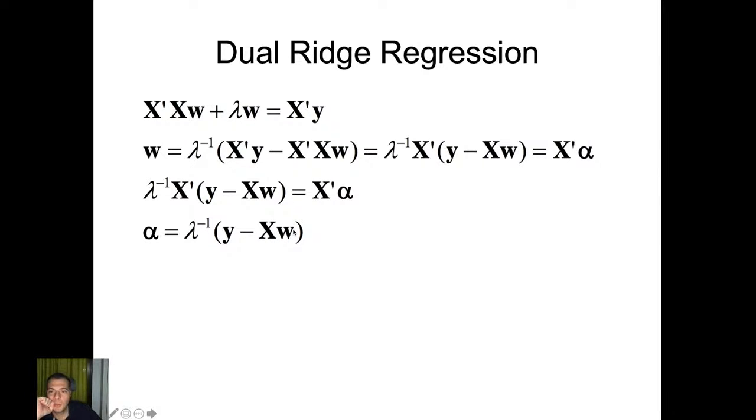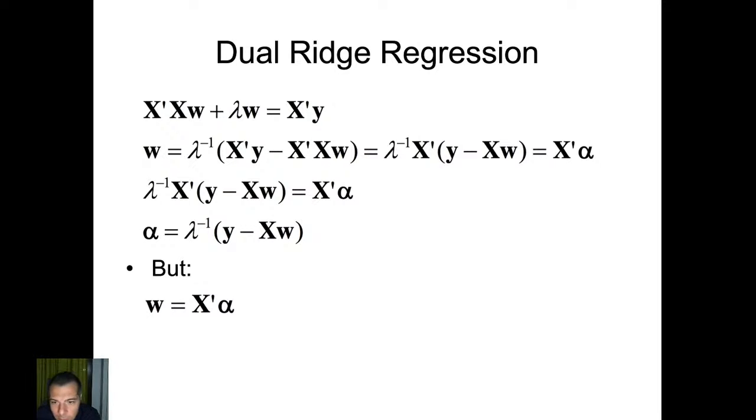What we want here is to obtain the dual solution for ridge regression, so we want to express alpha only based on y and x. We still have w, but as we said before, w is equal to x transpose alpha.